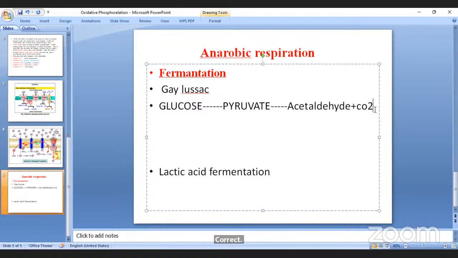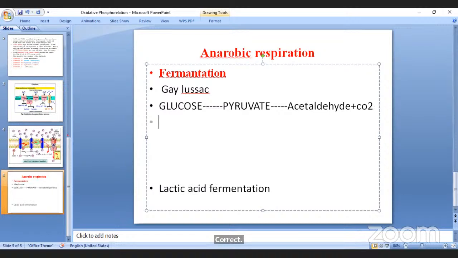Now this is the first step. In the second step, this acetaldehyde, formula CH3CHO, is reduced into ethanol, alcohol, by NADH2.